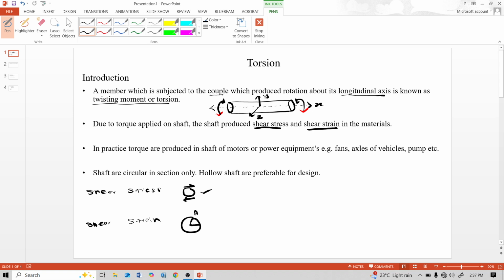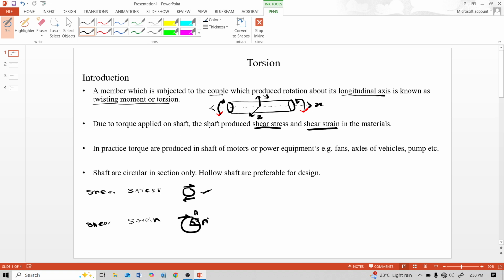Consider this as a point, and when we apply shear stress here, this circular shaft twists and this A comes to A dash. This angle theta is the measure of the small distortion of the block caused by the shear force, called shear strain.